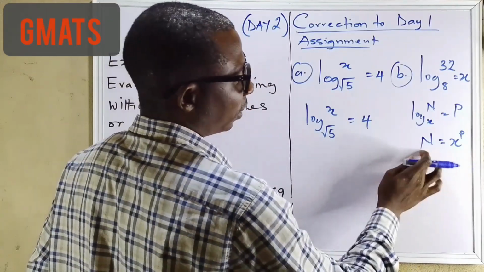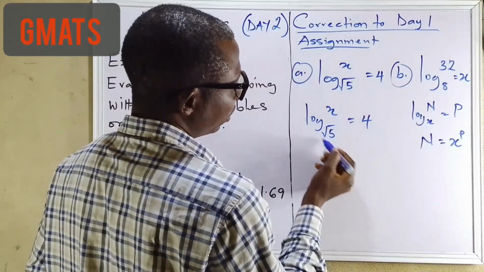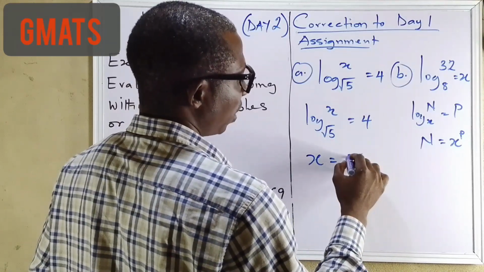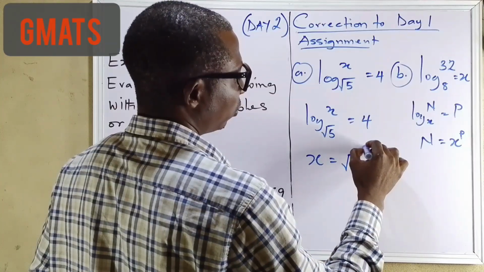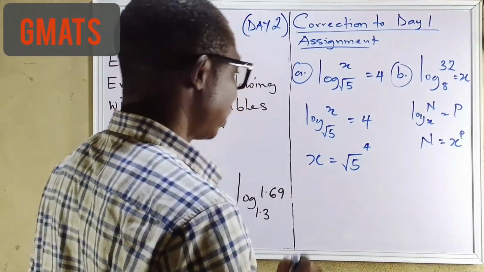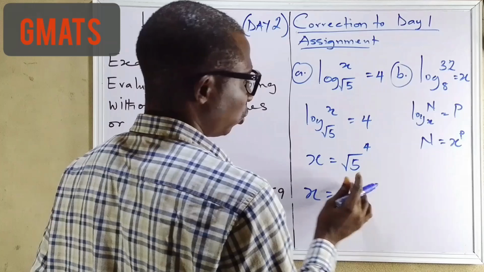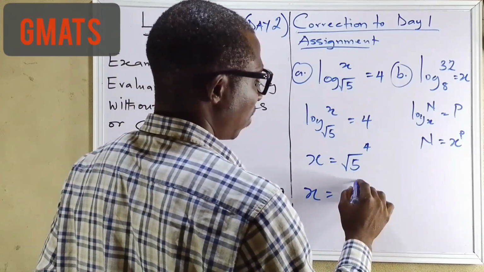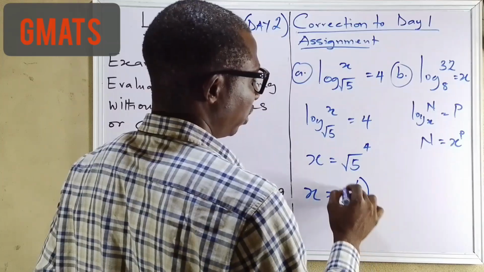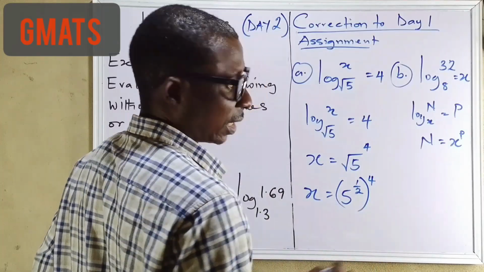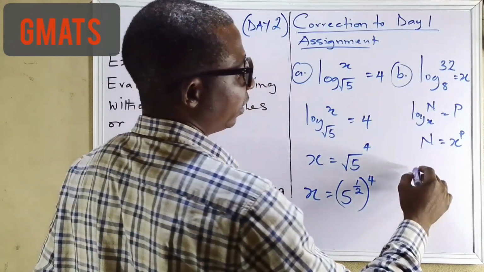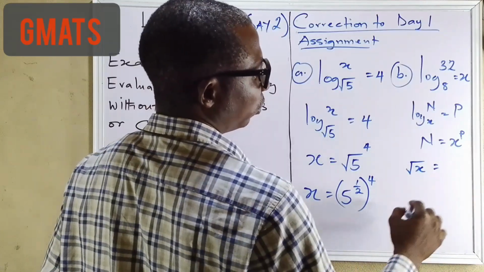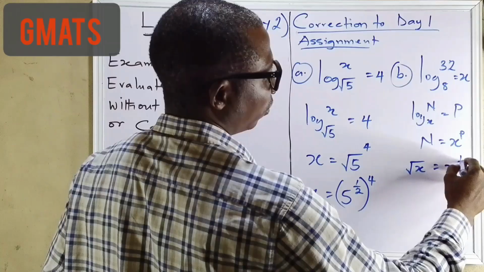So we want to express this in this form. So now we have x equals square root of 5 raised to the power of 4. Now you express square root of 5 in index form. That is 5 raised to the power of 1 over 2, all raised to the power of 4. You have been taught in indices that whenever you have square root of x, it is x raised to the power of 1 over 2.